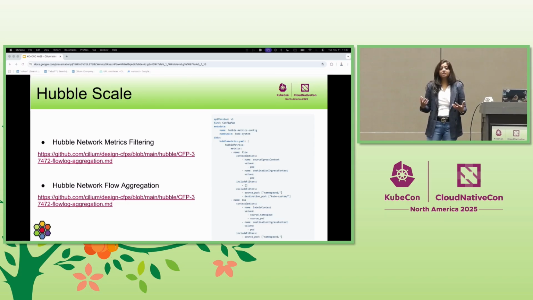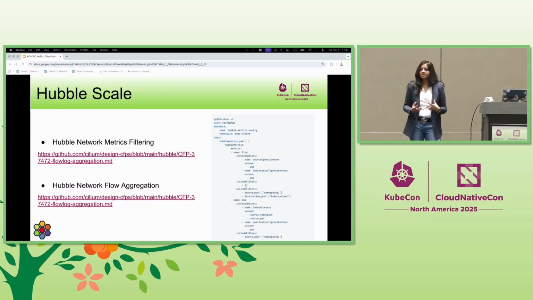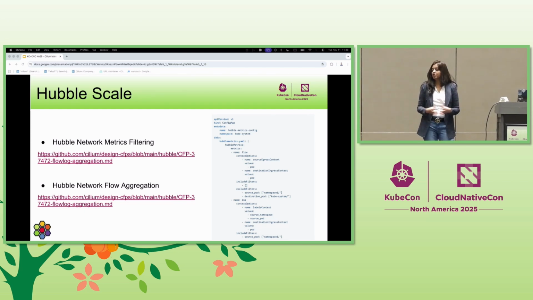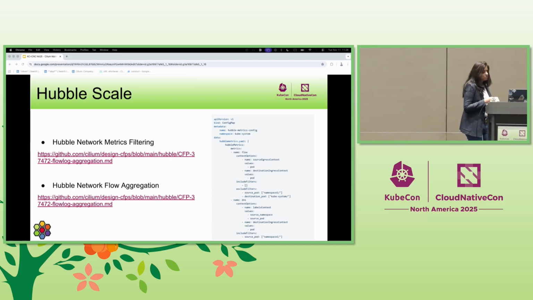I may not need all the data. I just want to aggregate all the data I'm getting from my source pod or from my destination pod. Those capabilities were missing. We contributed back and made it scalable. Now you can aggregate the data if your workload doesn't want that exhaustive list, and then store it and use it for advanced analytics and processing.